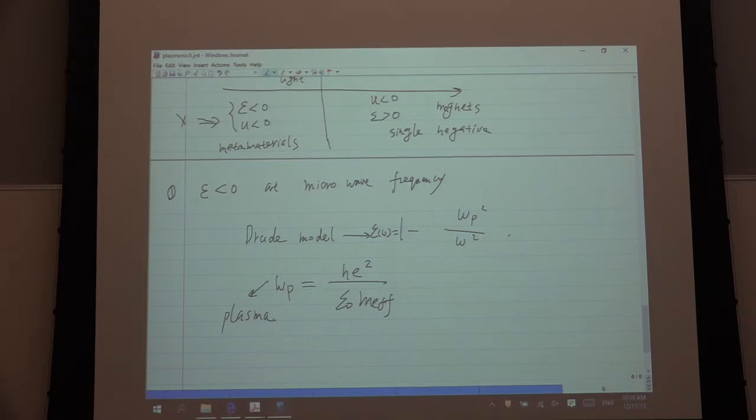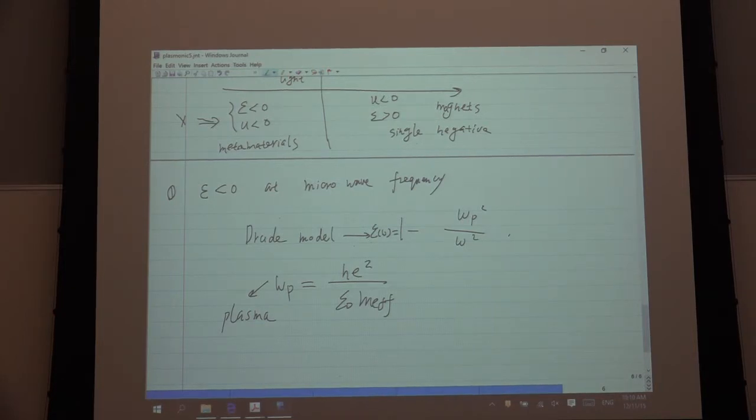So if you want to achieve epsilon smaller than 0 at a microwave frequency, you must decrease omega p to the microwave range. If omega p is 10 gigahertz, it's very good. But typically for metal, omega p is in the visible light regime.